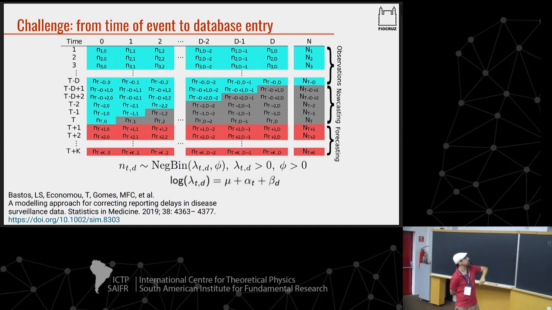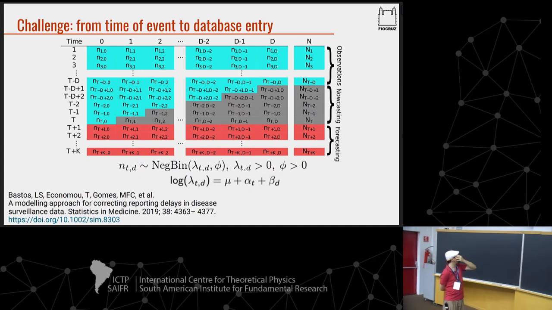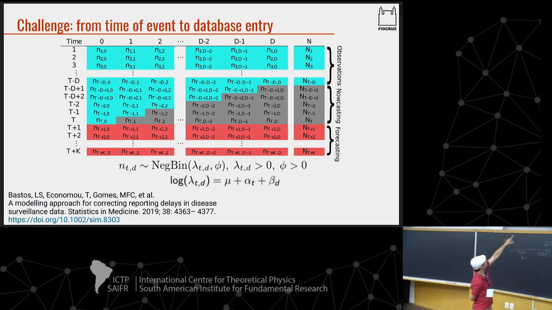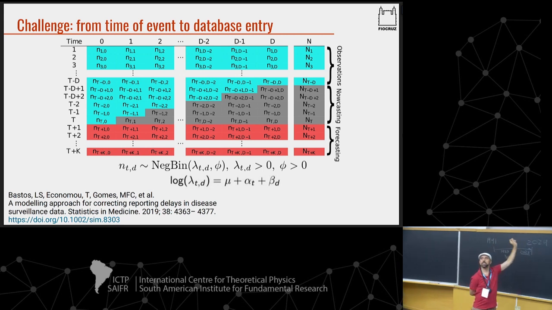So we just adapted that model, and this is a paper where we describe the process itself. Each of those cells I will call little n with index T and D, where T is the week of the event and D is the delay. So n_TD is the number of cases that happened at week T but were only reported D weeks after.